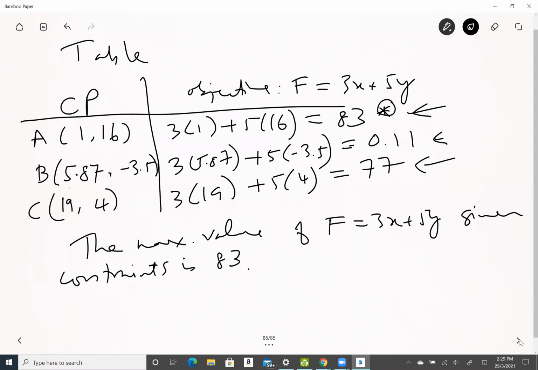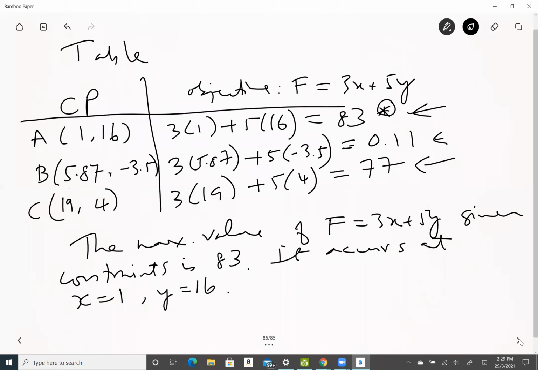And it occurs at the point, all right? The point that gives you 83, we say that it occurs at where? At the point x equal to 1, y equal to 16.